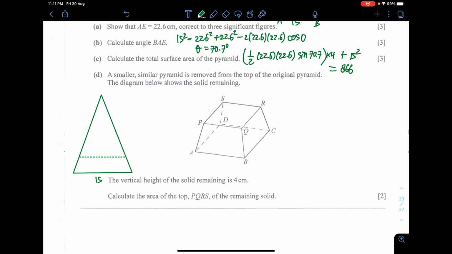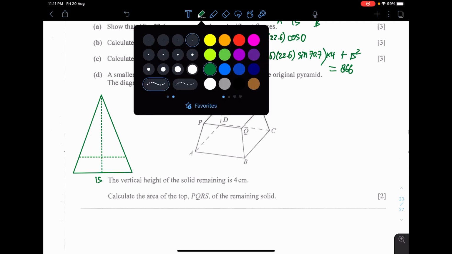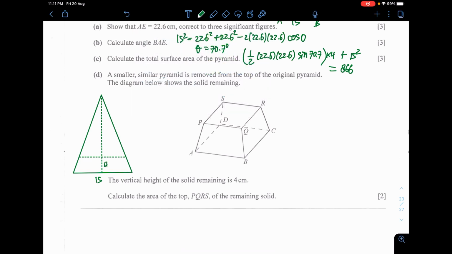Yeah, this is 4 on the bottom, and then 20 on the whole thing. Let's just put 16 over here.